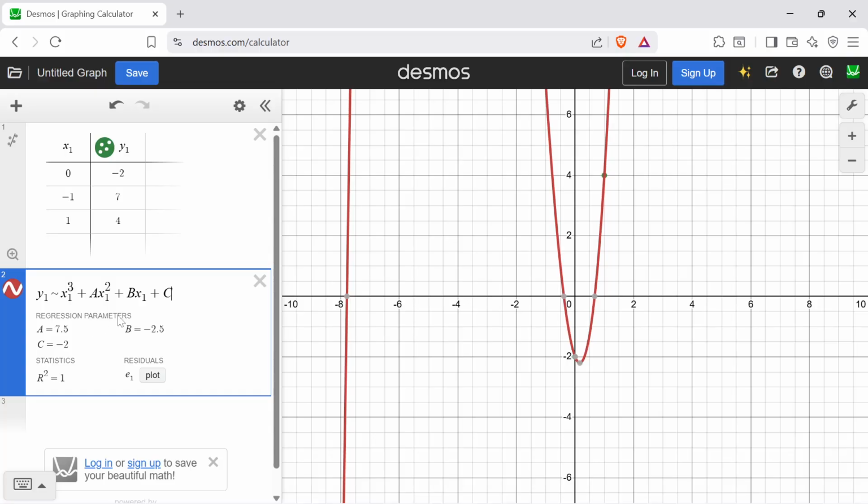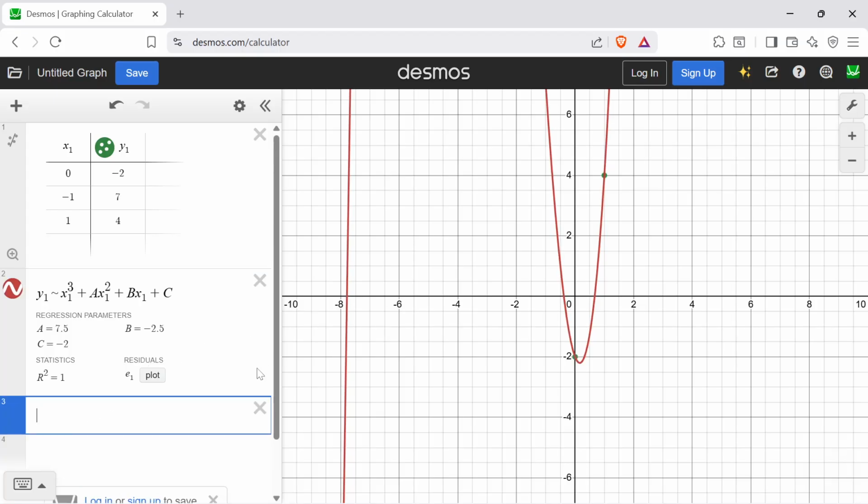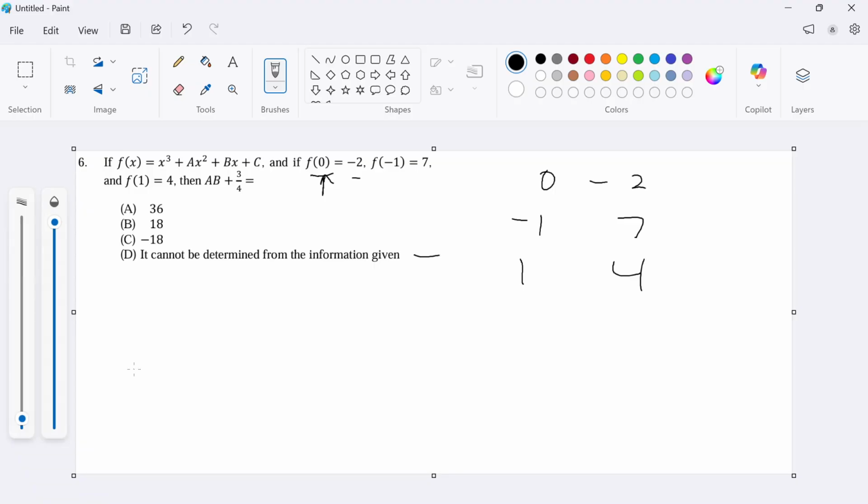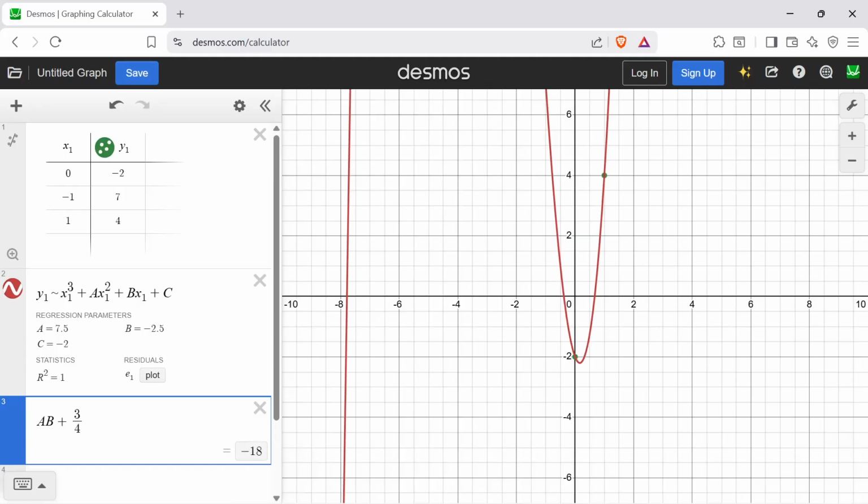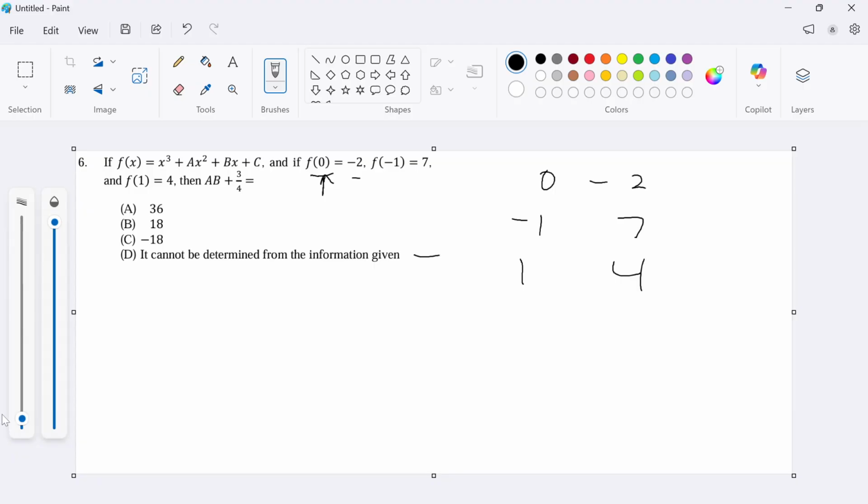Sometimes people don't help me when I'm doing this. Now I've got a and b. So now it's done right because I've got just a 1 in front of the x cubed. So now I do ab plus 3/4, and it comes out to negative 18, which is answer C.